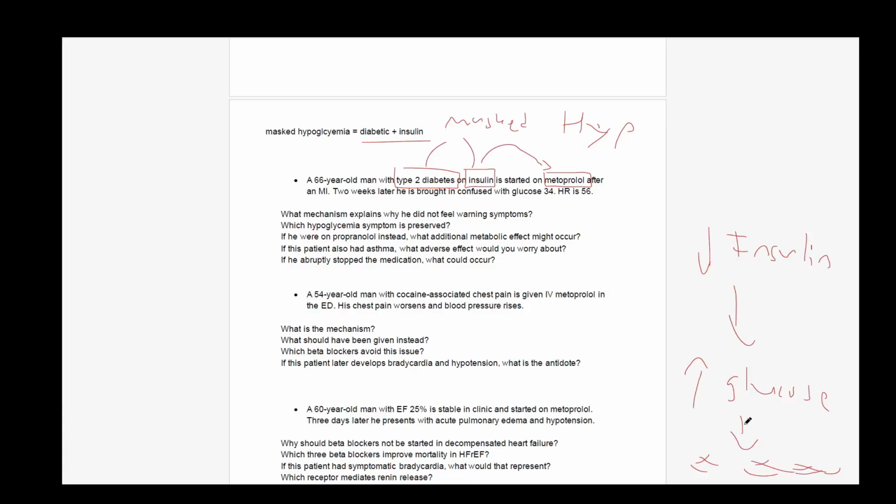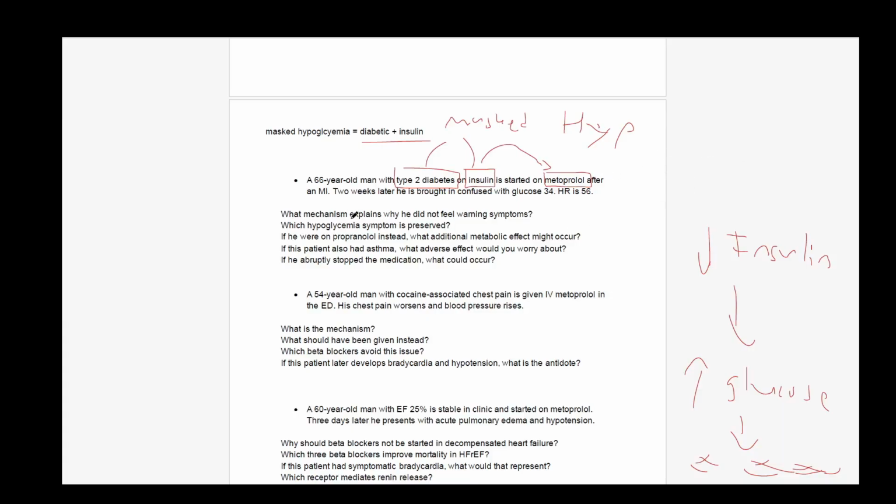This is a chronic process. Okay, so when it comes to hypoglycemia versus hyperglycemia and beta blockers, hypoglycemia is going to be in the acute setting in a patient who has a specific reason to be hypoglycemic. When it comes to the hyperglycemia, it's just going to be a chronic process.